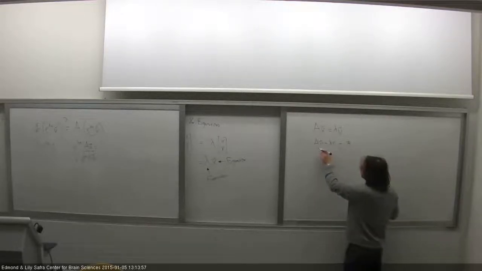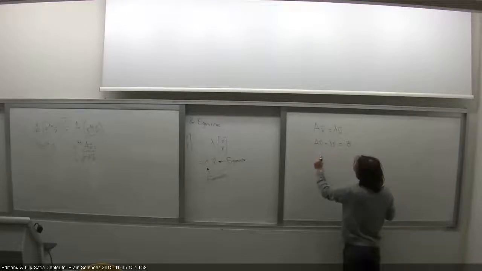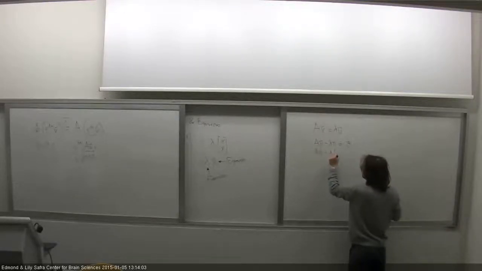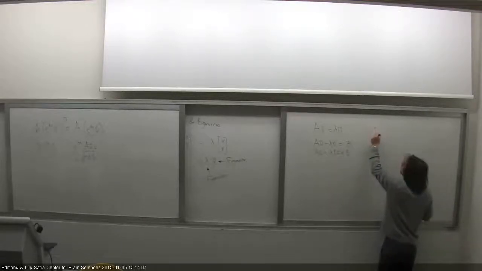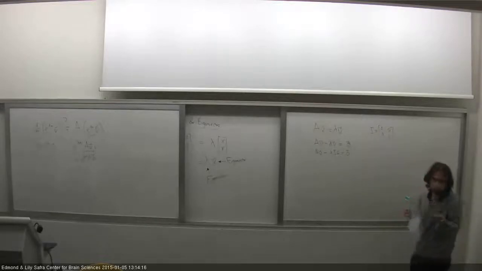And then this can be written as A times V minus lambda times the identity matrix times V. Identity matrix: if this multiplies a vector, you get back the same vector.